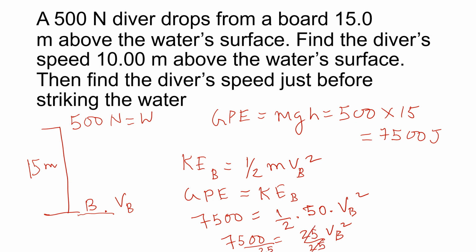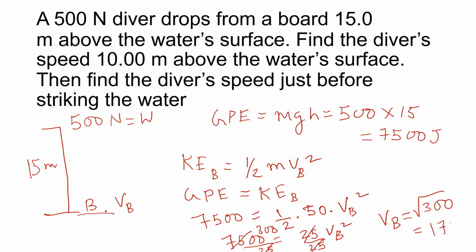So these two 25s get cancelled, and we are left with 300 on the left hand side. So if we take the square root of 300, we get 17.32.